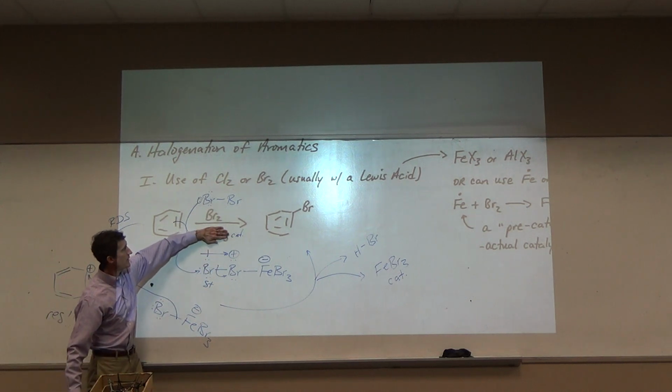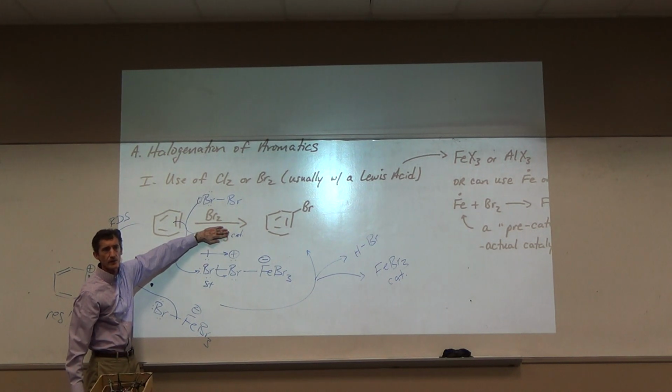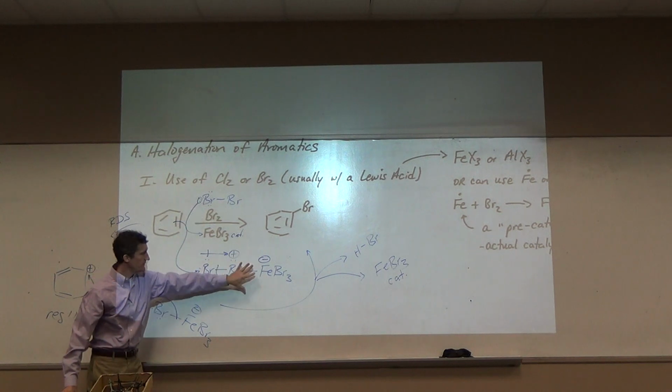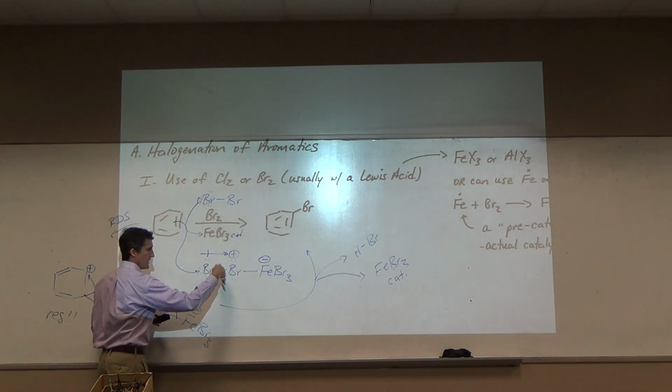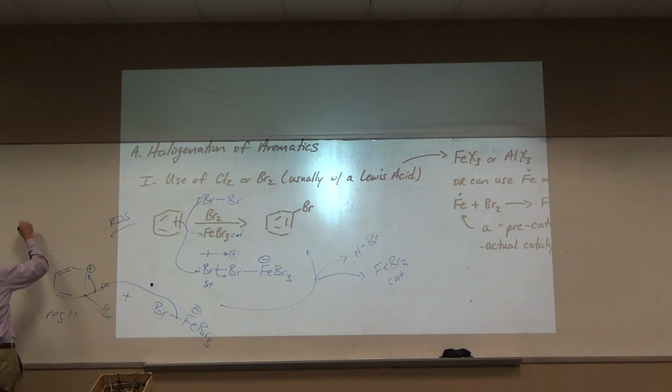See, without the FeBr3, bromine reacts very slowly with Br2. Just not reactive enough. The FeBr3 allows for this complex to form and it makes it more electrophilic. Now again, did we ever form just simply Br+ here?